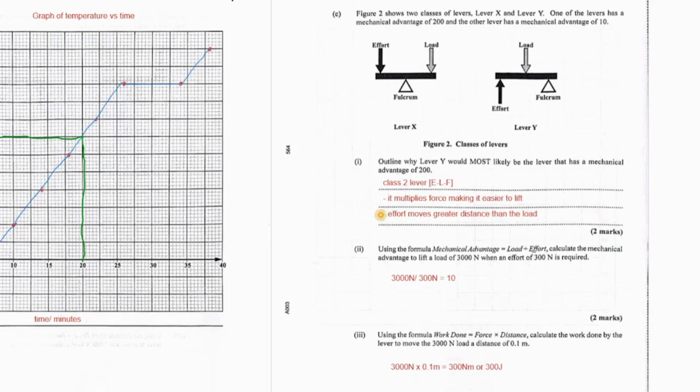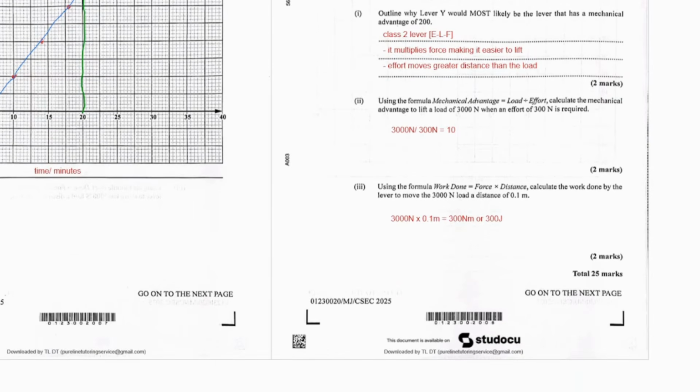So the effort moves a greater distance than the load. And this is simply your answer there. So 2 marks. It could be a very easy 2 marks once you remember the types of levers and the advantages of each type of lever.